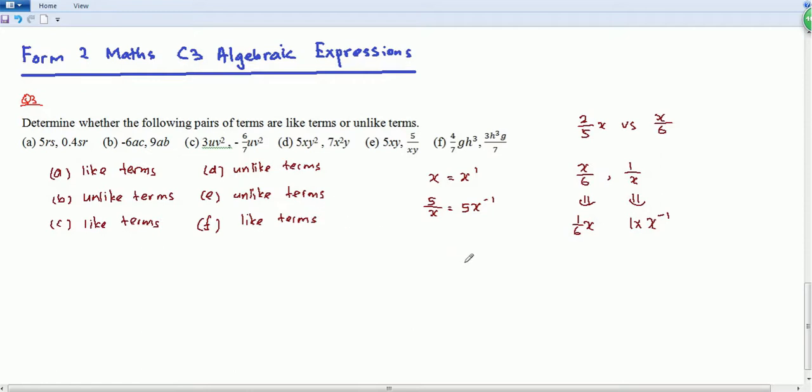Let me explain a bit about this. 2 over 5x is actually equal to 2x over 5, but it is not equal to 2 over 5x in the denominator. These two are the same, but they are different from this one. Okay, let's go to the next example.